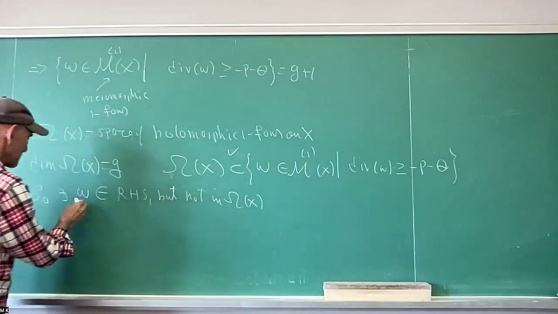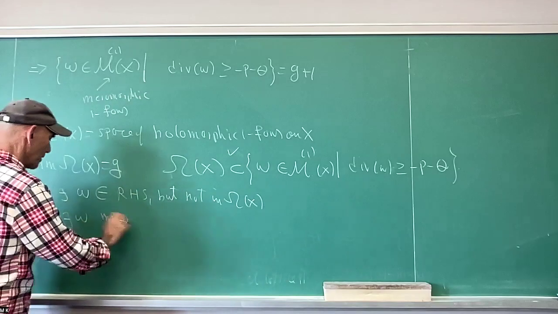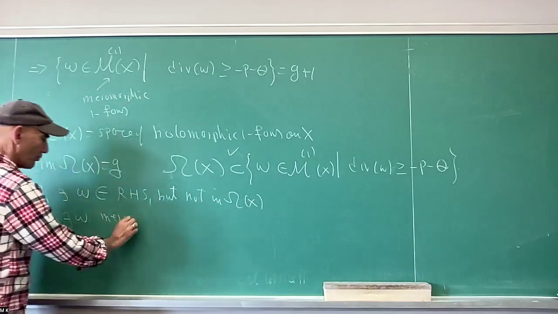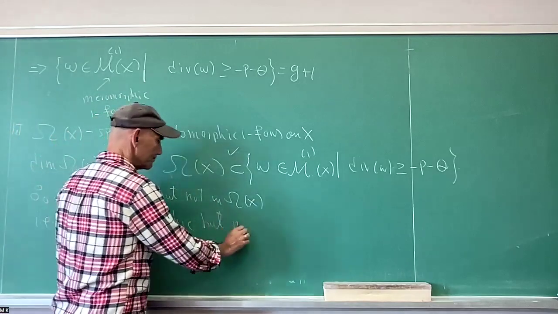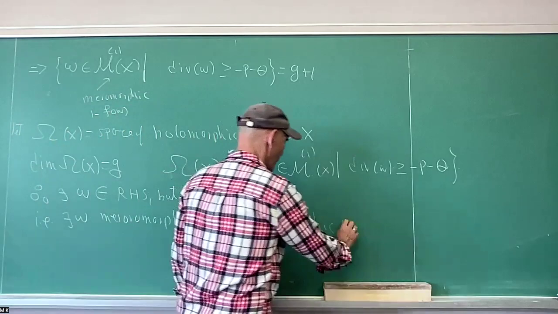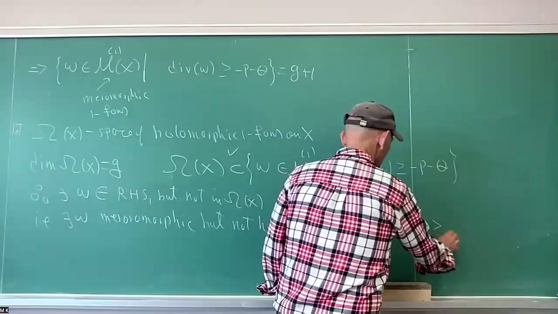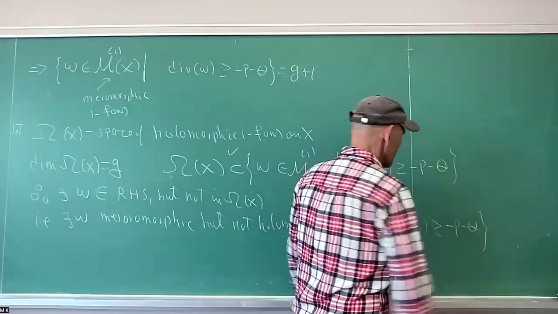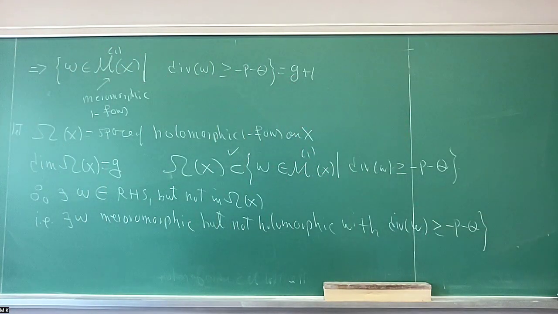So there exists omega, meromorphic but not holomorphic, with a divisor of omega bigger than or equal to minus p minus q. Now the question is why we cannot have, in fact, that's a possibility we have to reject, why we cannot have a meromorphic one form that has a pole only at one point.